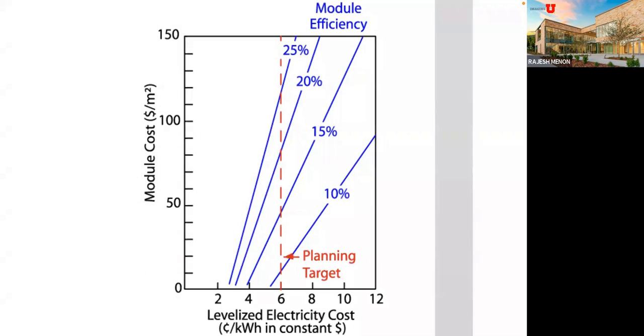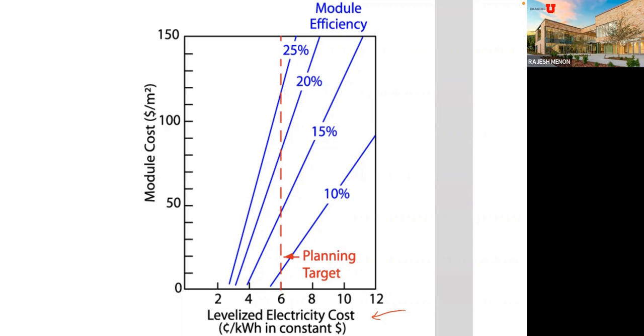Here, we're plotting the levelized cost of electricity on the horizontal axis, which is, by the way, if you open up your utility bill, this is what you'll see, cents per kilowatt hour or whatever, whether it's coal or natural gas or solar, the units are all the same. Then on the vertical axis, we have the module cost. So this is only 50% of the total installation cost, right?